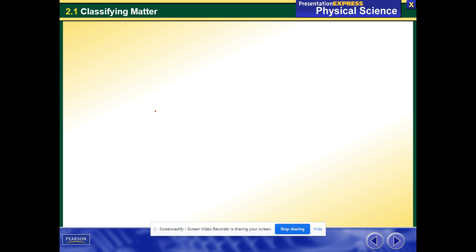Another example before I let you go is salt. Salt is NaCl. It is made up of sodium, and Cl stands for chlorine.